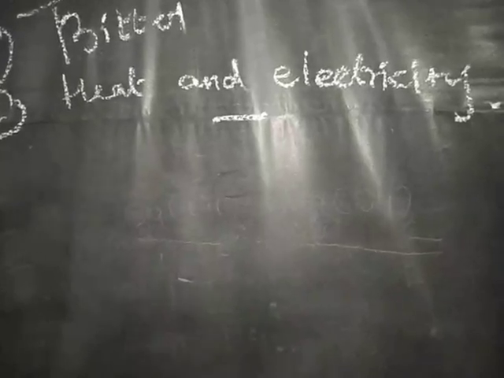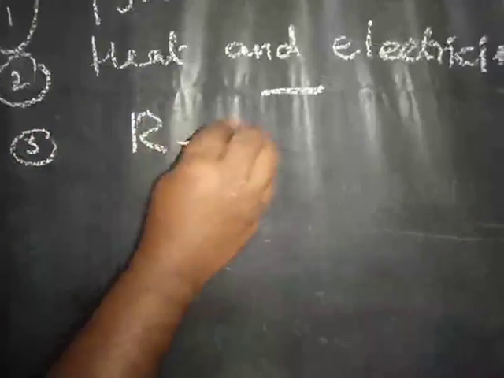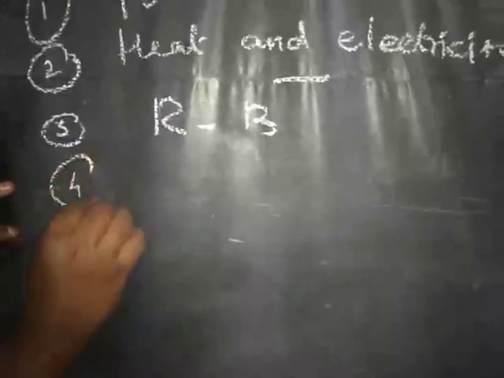Next, they turn red litmus to blue. That is the third point.